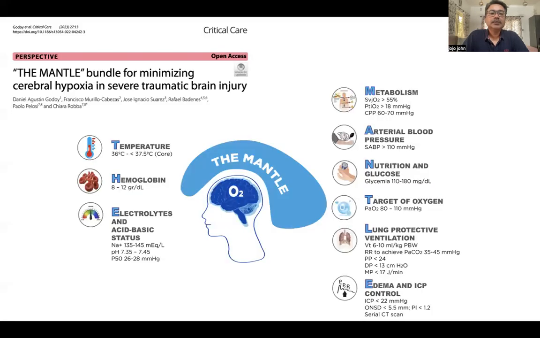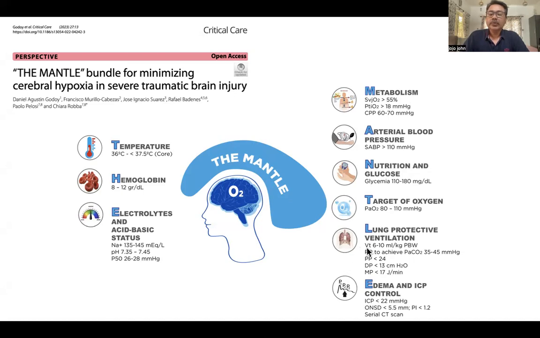avoided. This is the MANTLE bundle, which is now the recommendation for patients who have traumatic brain injury to avoid cerebral hypoxia. So you pay attention to all the letters in the MANTLE, temperature, hemoglobin, electrolytes, but focus on lung protective ventilation.